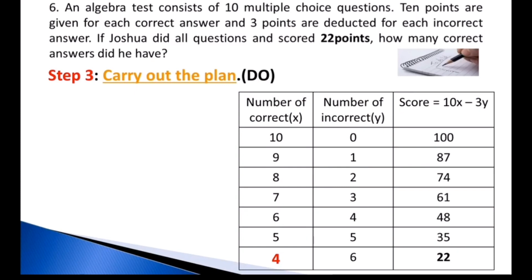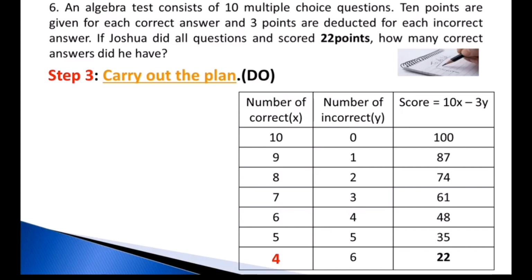So for us not to be misled about the order of the numbers, let us do it in descending order. Of course, right after 7, it should be 6. If it is 7 correct, it should be 3 incorrect, so that it will equal 10 items. Then if it is 6, you're going to add 4 to make it 10.